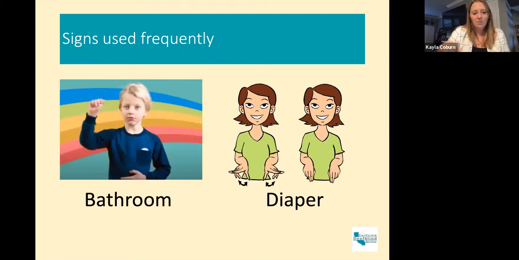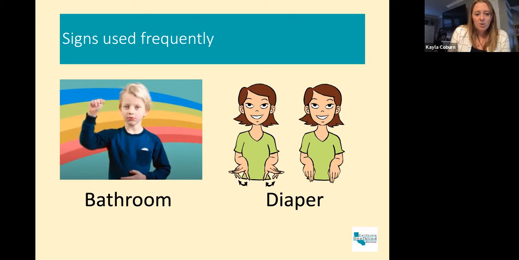Okay, and then bathroom. This can be different depending on what the child is capable of doing or what your goals are for the child. To go to the bathroom, you do a T and you shake it. And then diaper is like you're saying no, but showing the diaper on your hips. It's really just a preference.